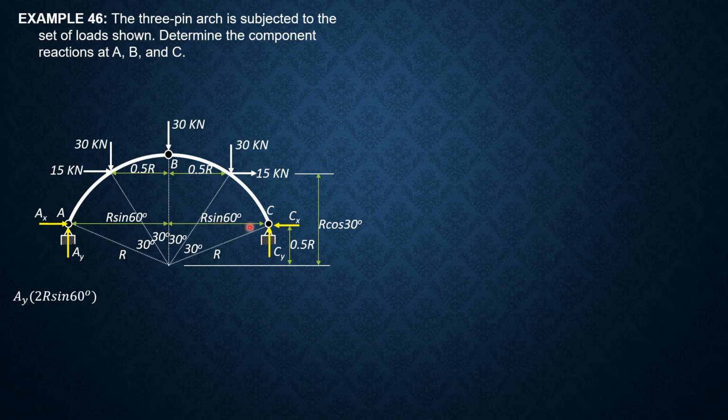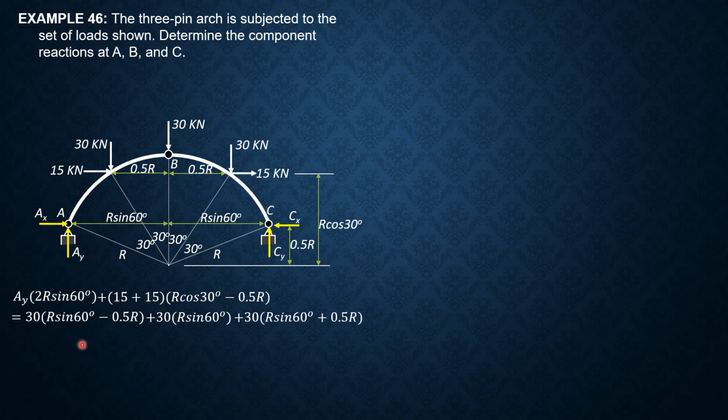So AY times 2R sine 60 plus 15 times quantity R cosine 30 minus 0.5 R, then equals 30 times quantity R sine 60 minus 0.5 R, this horizontal distance, plus 30 times R sine 60, plus 30 times quantity R sine 60 plus 0.5 R. So cancelling out R, or just imagine that R is 1, we can now solve for AY. AY equals 38.66 kilonewtons.